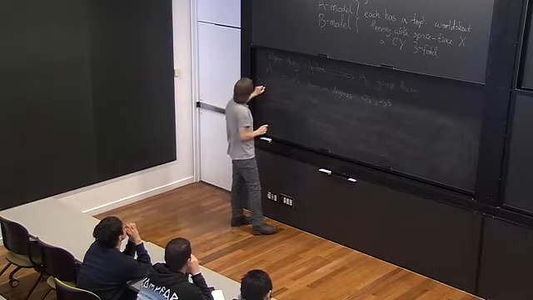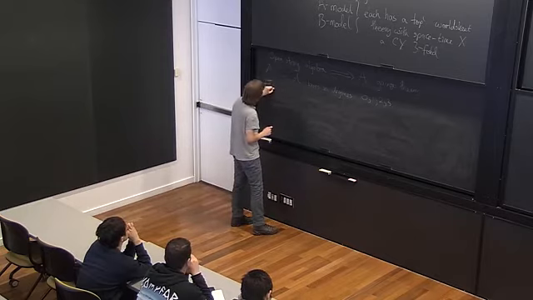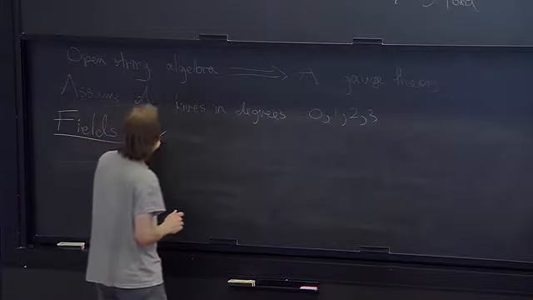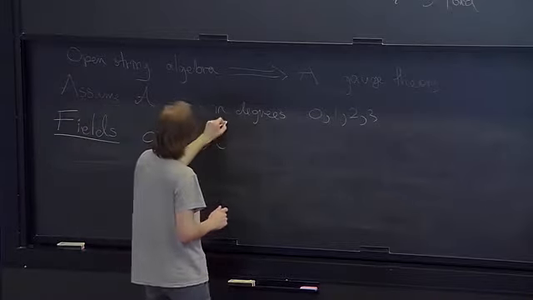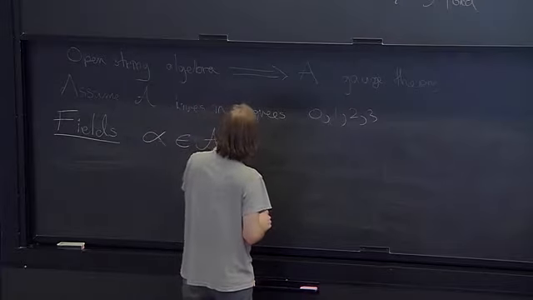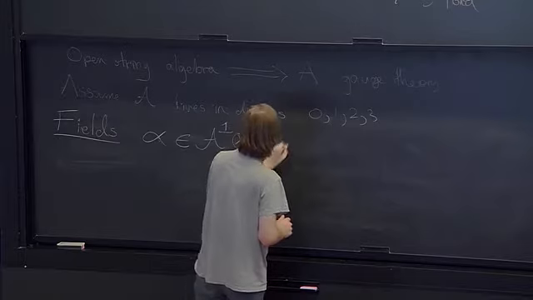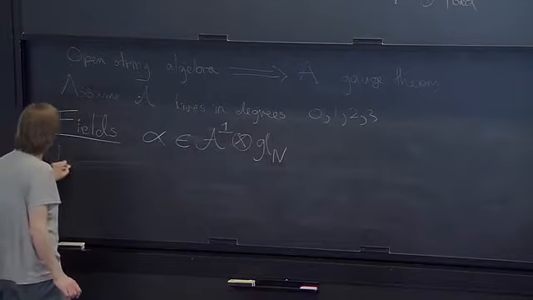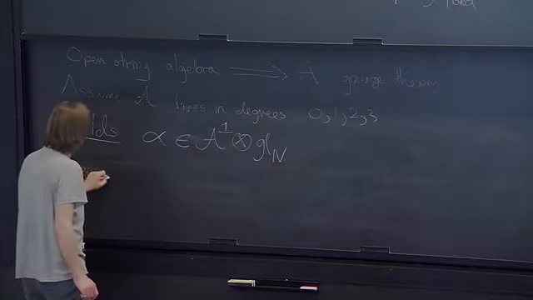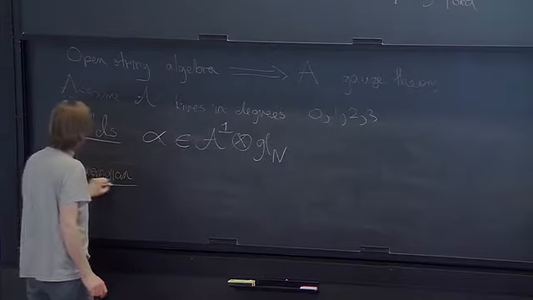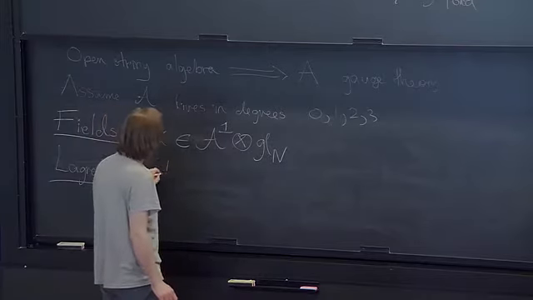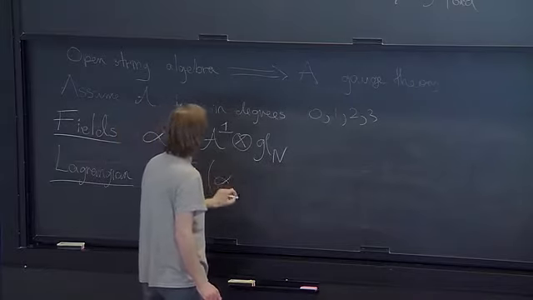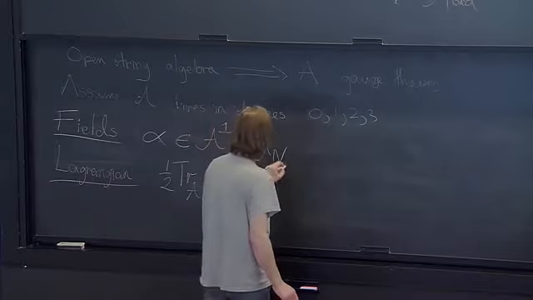So the fields are elements, say, alpha in A1 tensored with GLN. So the Lagrangian is half trace A of alpha times Q alpha.